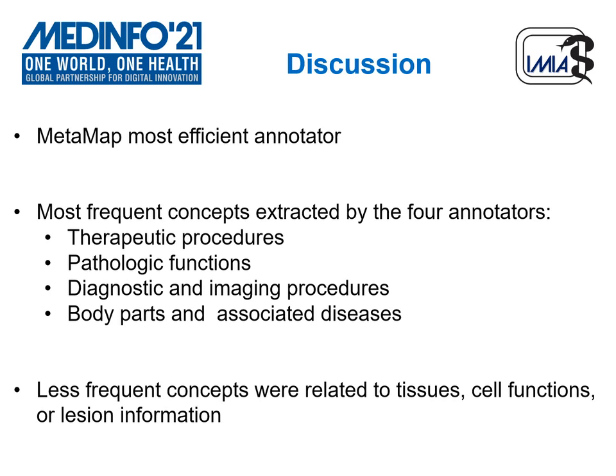The most frequent concepts extracted by the 4 annotators were therapeutic procedures, pathologic functions, diagnostic and imaging procedures, and also body parts and associated disease. These are concepts that can be used to provide structured data. And finally, the less frequent concepts were related to tissues, cell functions, or lesion information.